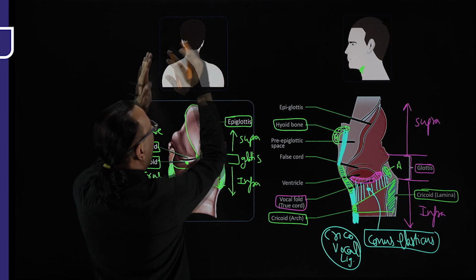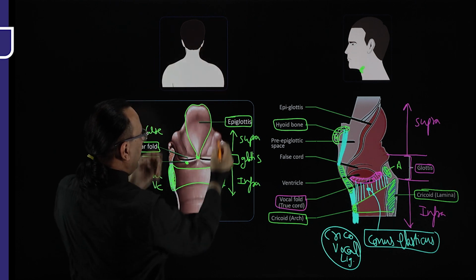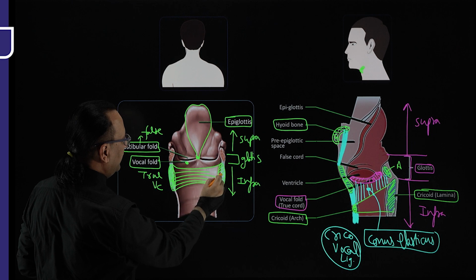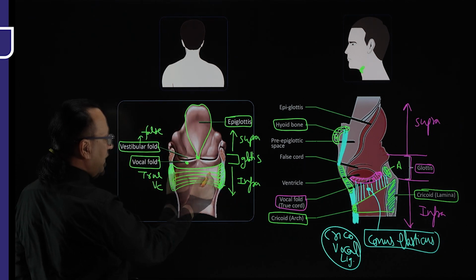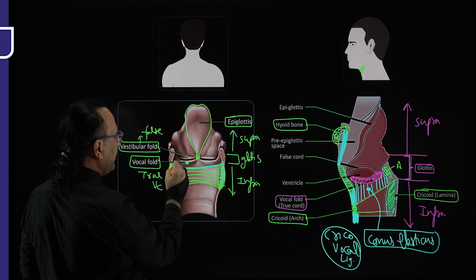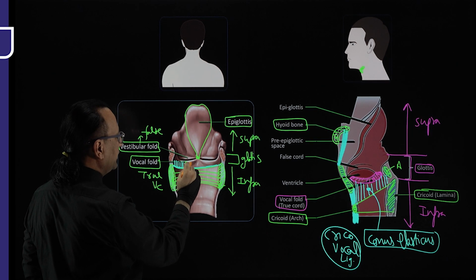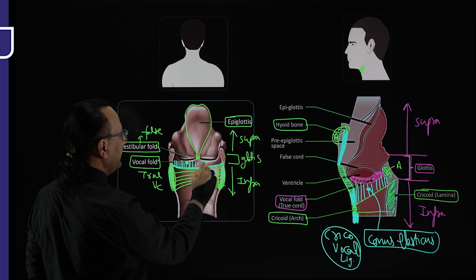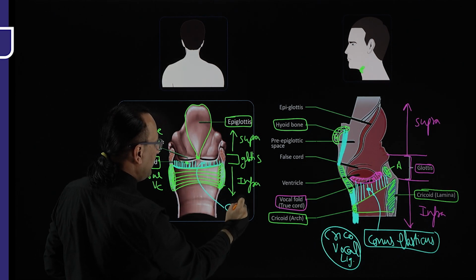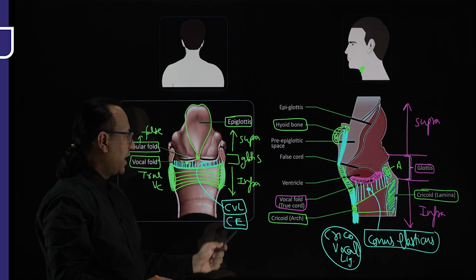We are looking at the anterior wall of the larynx, where you can see the cut section of cricoid cartilage, the arch of cricoid cartilage, and extending from there, attaching to the arch of the cricoid cartilage, extending superiorly, is the conus elasticus, or what we are calling as the cricovocal ligament. So this is the cricovocal ligament or conus elasticus. It is fibroelastic membrane under the mucosa.